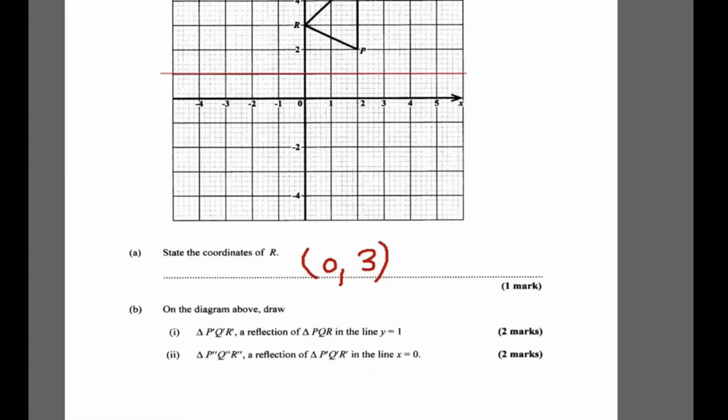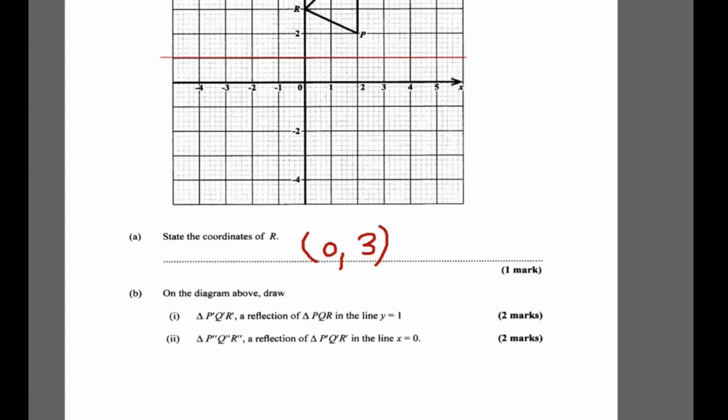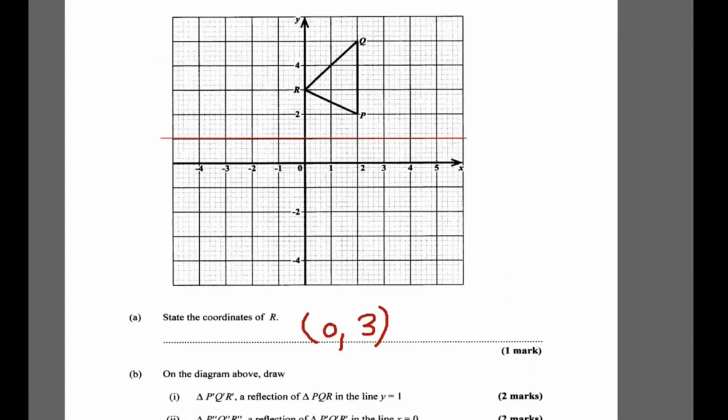And then it says draw the triangle P prime, Q prime, R prime, reflecting it in the line Y equals 1. R is 2 centimeters away from this line, so 2 centimeters away will be R prime. This is 1 centimeter away from here, and so this is also going to be 1 centimeter away from here.